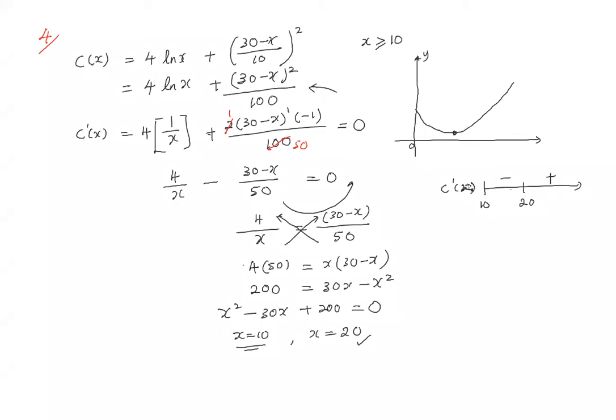So therefore, 20 cattle should be manufactured per day for minimum cost.